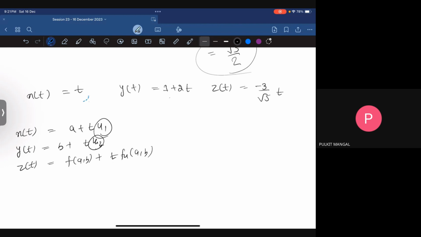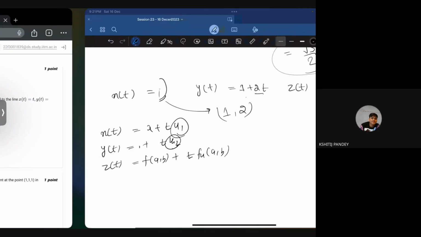What will be the u1 value here? 1. And u2 value here? 2. So that would be my unit vector. Understood. Thank you, sir.